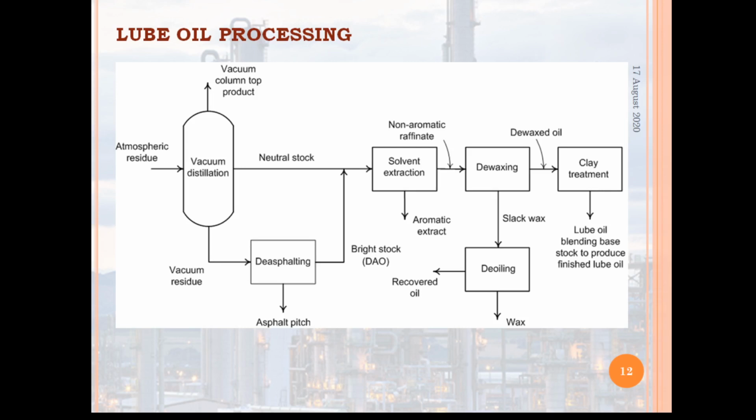After vacuum distillation comes propane deasphalting, then the solvent extraction process, where the non-aromatic raffinate and the aromatics are separated out. The non-aromatic raffinate is sent to the dewaxing process to recover the dewaxed oil and the slack wax, and this dewaxed oil is sent to the clay treatment process. After clay treatment, the lube oil can be produced, which is blending base stock used to produce the finished lube oil.